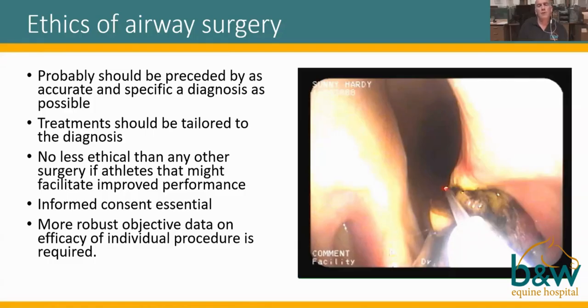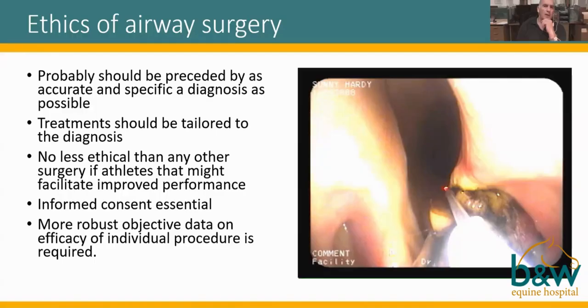I think there's no more logic to scrutinize the ethics of that particular branch of surgery more than any other branch of veterinary medicine, really. There are justifications that should be applied equally across the board to horses in competition. But it's very fashionable, and because there is an awareness of it, it should not be ignored.